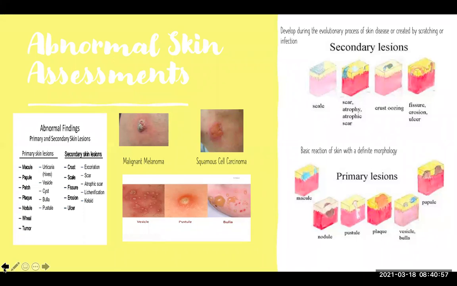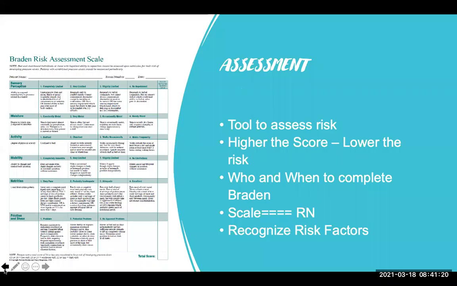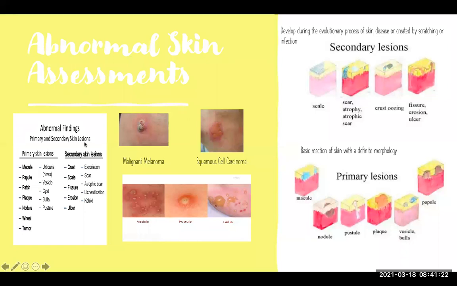A secondary lesion is just the result of what happens with inflammation or infection to a primary lesion. Okay, so over here, this is an example of malignant melanoma, squamous cell carcinoma. These are primary lesions. So you would look at the lesion and decide what type of primary lesion is this, okay?